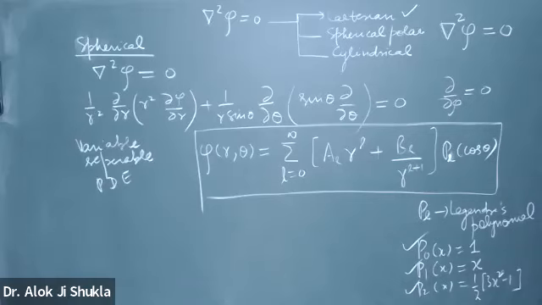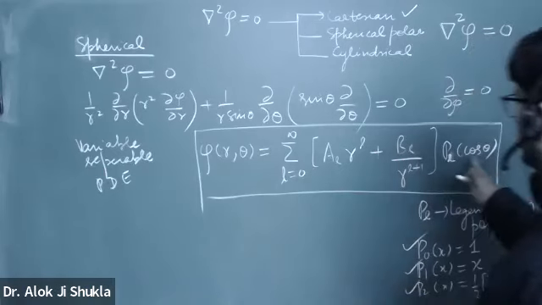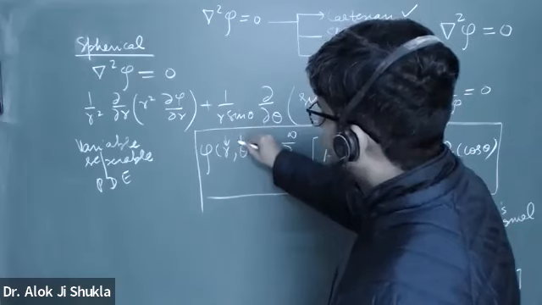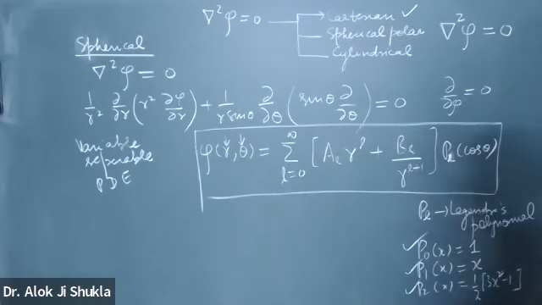While studying this topic, wherever you feel difficulty, please tell me. Because later, if they ask these things, it will become difficult. So this is the radial part. Because your potential depends on r and theta, the first term is only a function of small r and the second term is only a function of theta.